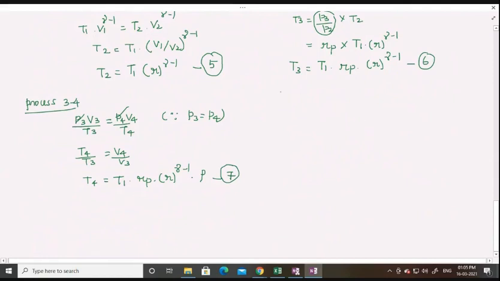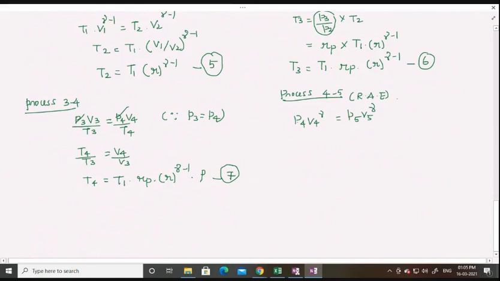Likewise, we should find the parameter T5, so we need to consider the process between 4 and 5. Actually, 4 and 5 is a reversible adiabatic expansion process. So P4 V4 power gamma equal to P5 V5 power gamma.